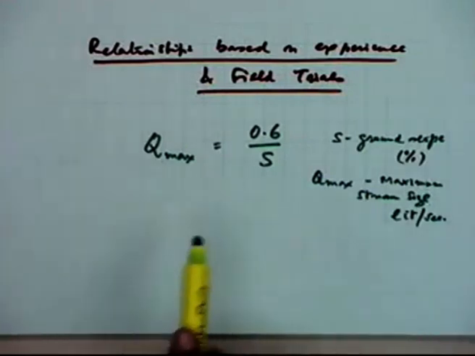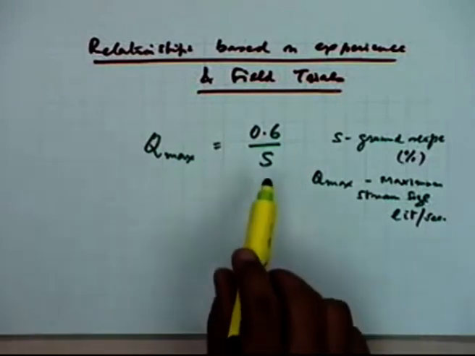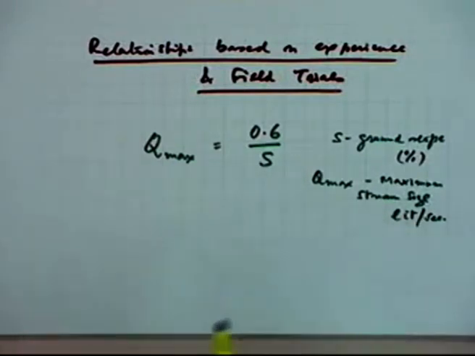But since it's a very approximate relationship which is only giving an indicative value, that what is the range, you shouldn't be very much off the range. So looking into the ground slope, you can pick up a value of stream size which is reasonable.